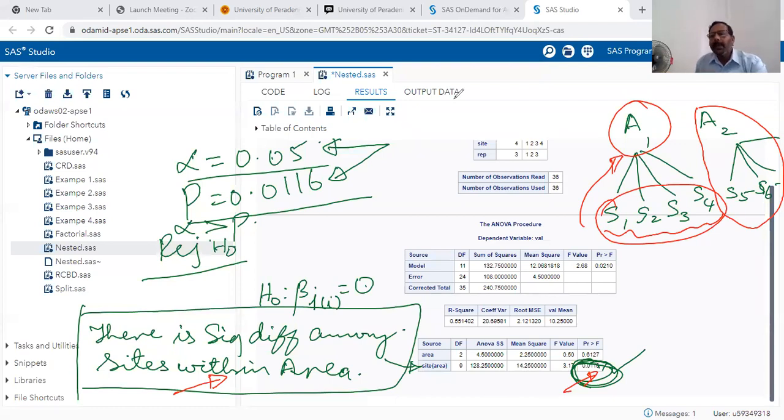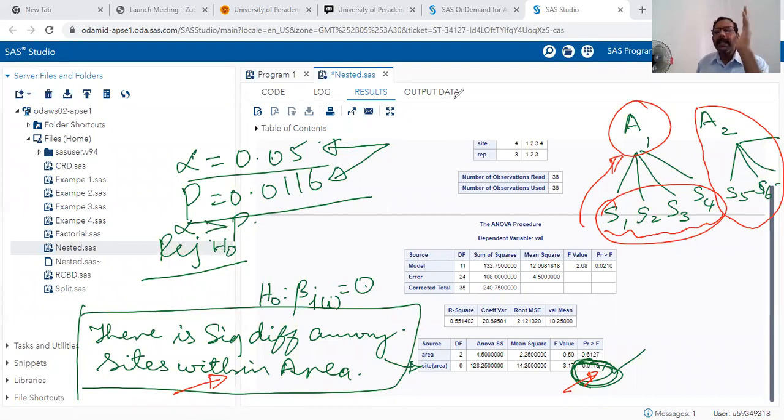Similarly, here also you keep A1 constant, then you compare S1, S2, S3, S4. Then keep A2 constant and compare S1, S5, S6, S7, S8. So that is how you go for the mean separation. Right? Now, how to get the second? Any question about this?